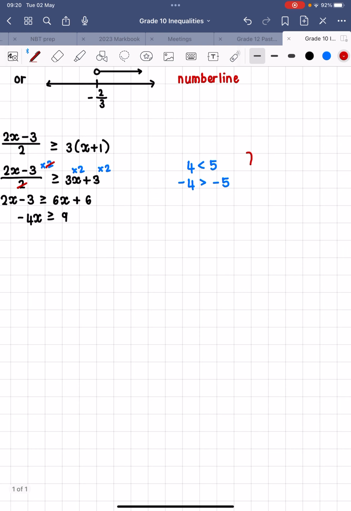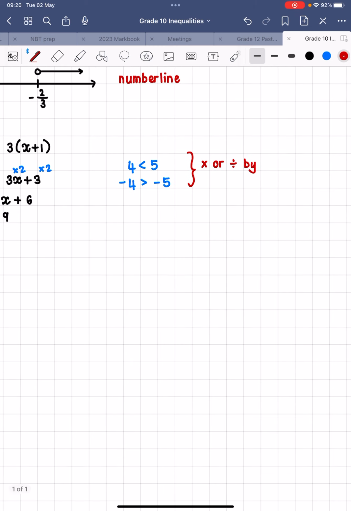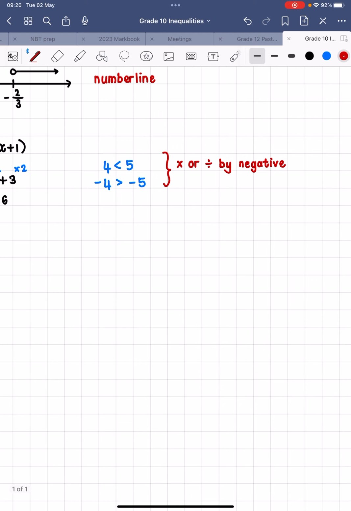I'm just going to write on the side here: times or divide by, and it can be any negative number. It doesn't have to be negative 1. It's just the easiest one to show you. So when you multiply or divide by a negative number, then the symbol changes direction.